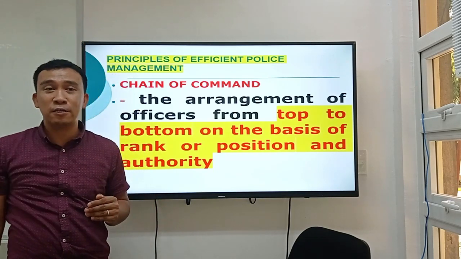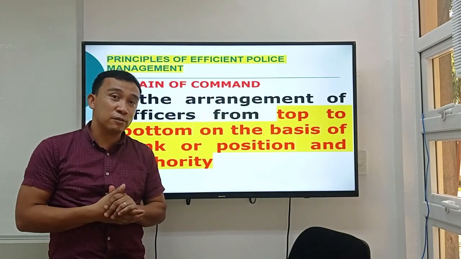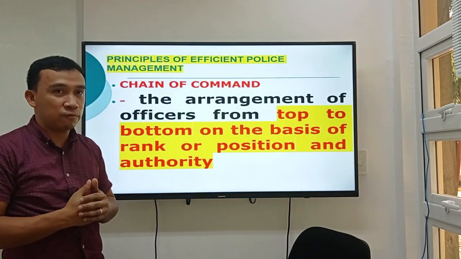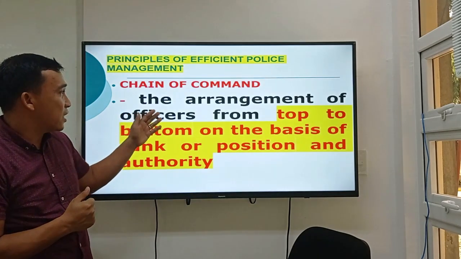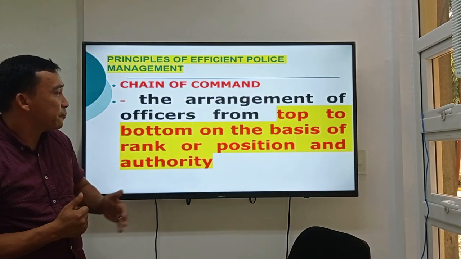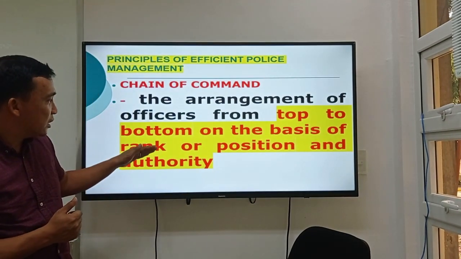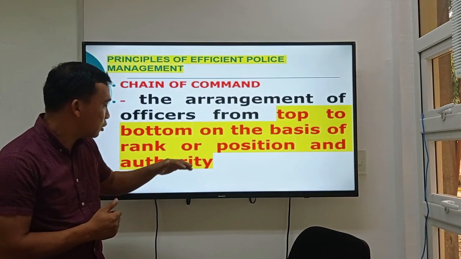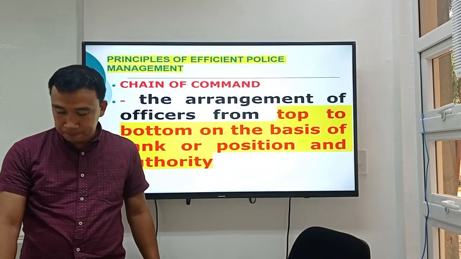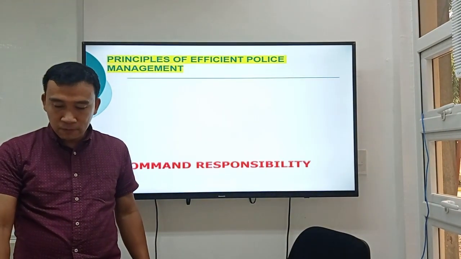Ang pwedeng mangyari sa iyo is pwede kang kasuhan ng violation of chain of command. Again, chain of command, the arrangement of officers from top to bottom on the basis of rank or position and authority.